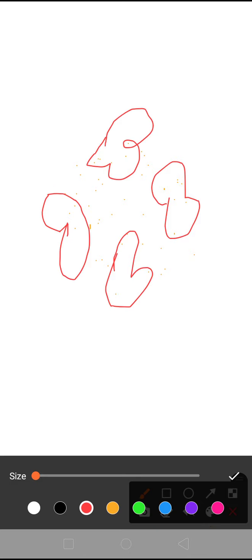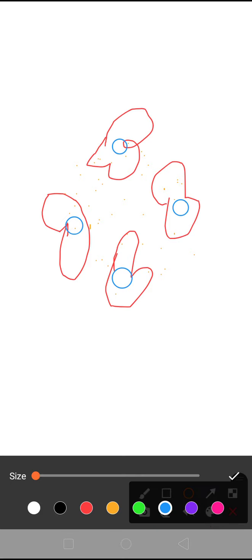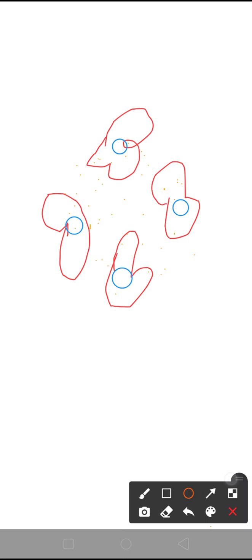In these lacunae there are cells which we call osteocytes. I am going to tell you about the osteocytes. All these are connected with the structures which we call canaliculi.